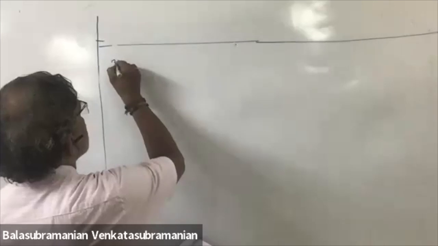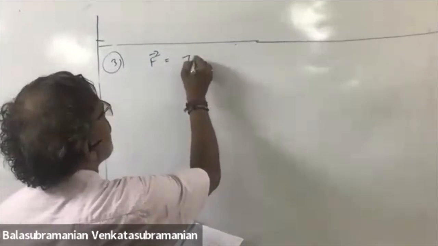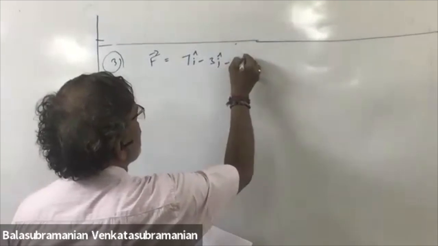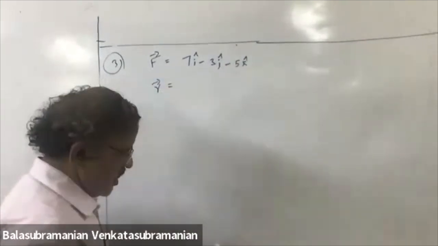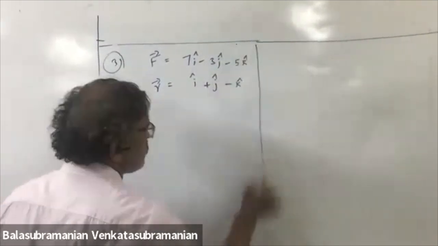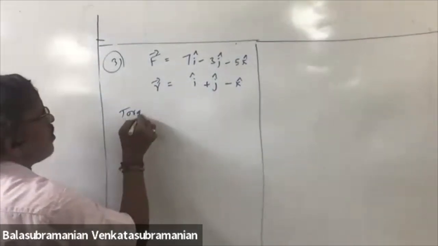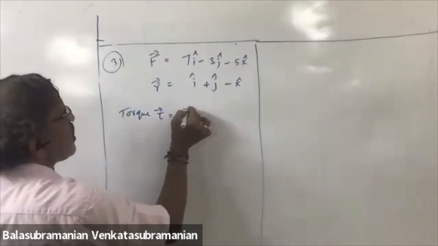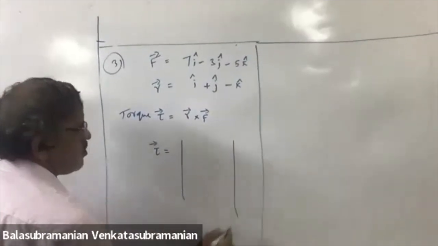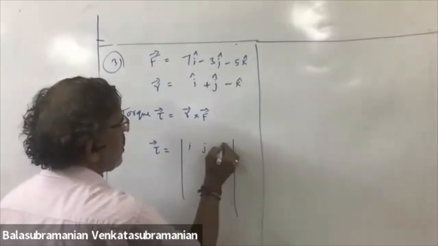Given force F is equal to 7i minus 3j minus 5k, and r vector is i plus j minus k. Calculate the torque. What is the torque formula? r cross F. So we have to write the determinant with i, j, k.